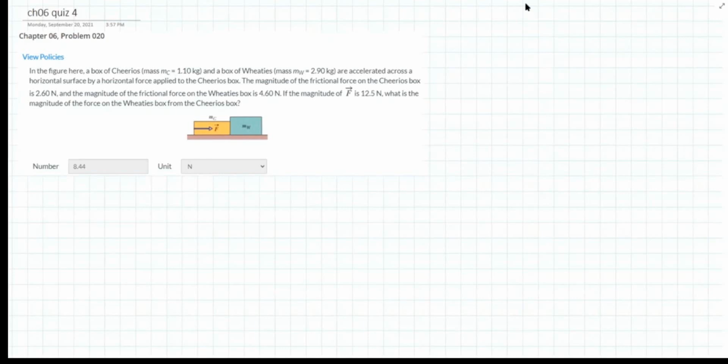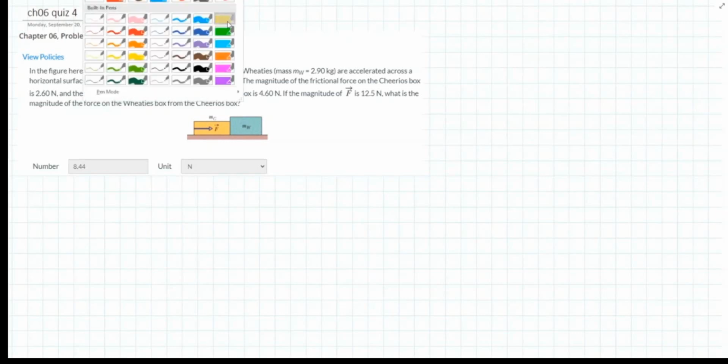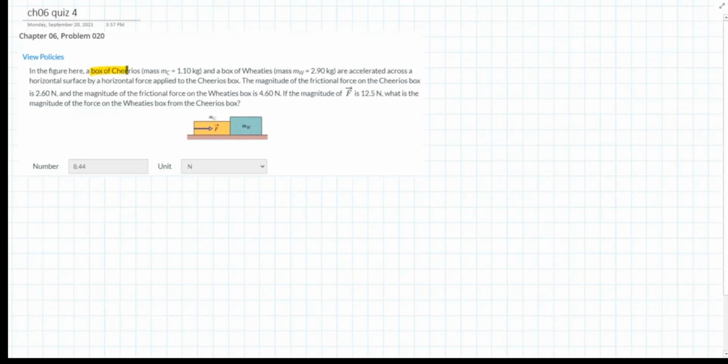The problem statement says, in this figure here, a box of Cheerios and a box of Wheaties are accelerated across a horizontal surface by a horizontal force, applied to the Cheerios box.